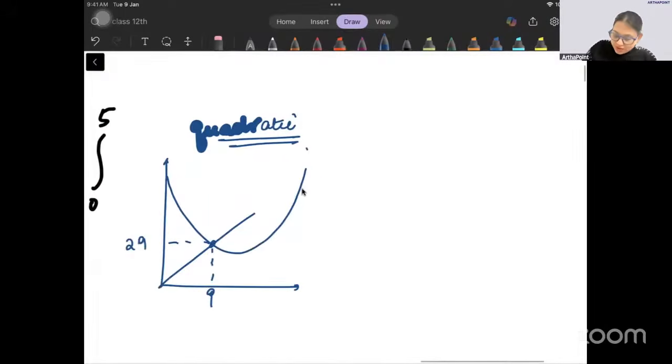So now what is consumer surplus? Area below the demand curve, above the price. This is what consumer surplus is.